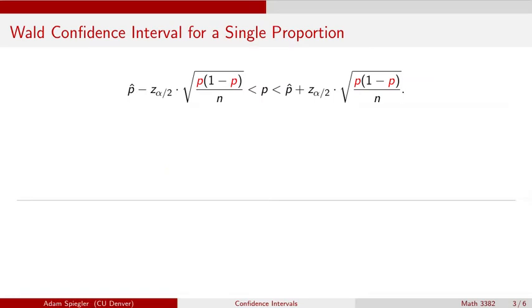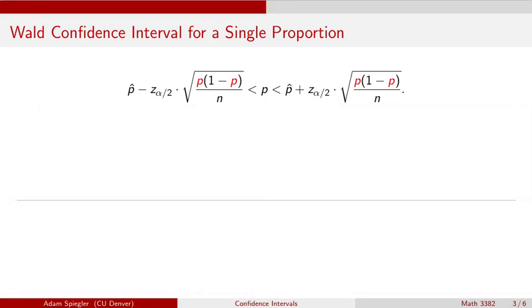So we are constructing a confidence interval for a single proportion, and we'll see there are different ways that we can do this. This method that I'm talking about first is what's called the Wald confidence interval. And so here is what the confidence interval would look like in theory. And again, the problem here is we don't know what the population proportion p is, so we can't calculate this standard error.